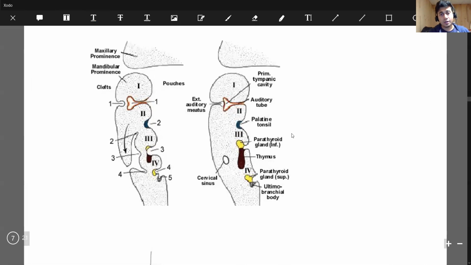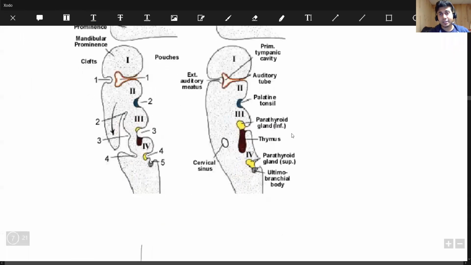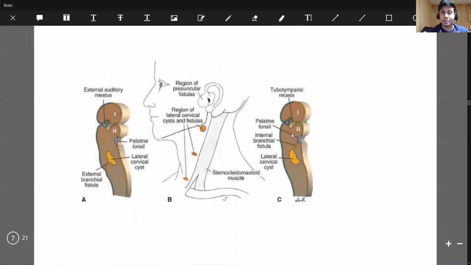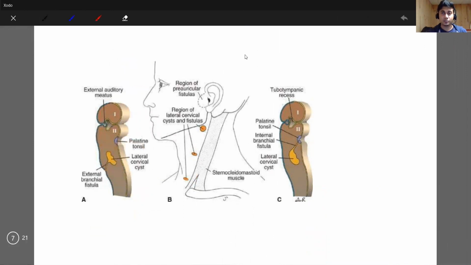All right. Now, this persistent cervical sinus cyst can be a differential diagnosis of your thyroglossal duct cyst. But how can you differentiate between these two? Usually, the thyroglossal duct cyst is in the midline, and the cervical sinus cyst is on the lateral side of the neck.